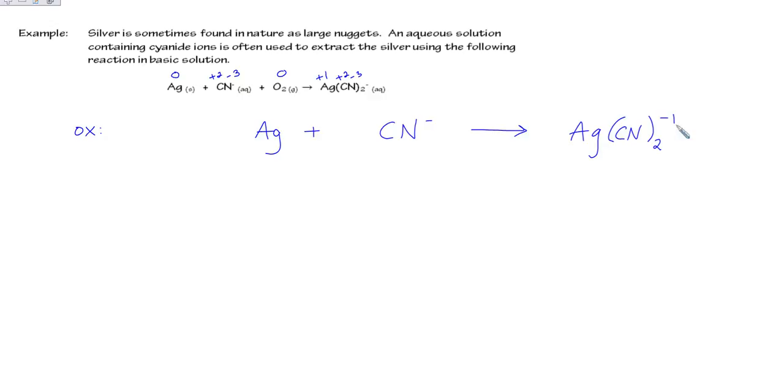Okay, so now the other half, the reduction, is kind of the goofy part in this one. Looks like I've got cyanide, carbon stays the same, nitrogen stays the same. Those are taken care of in the first reaction. What happens to oxygen? You've got oxygen on the reactant side, you've got to have oxygen on the product side. It can't just disappear.